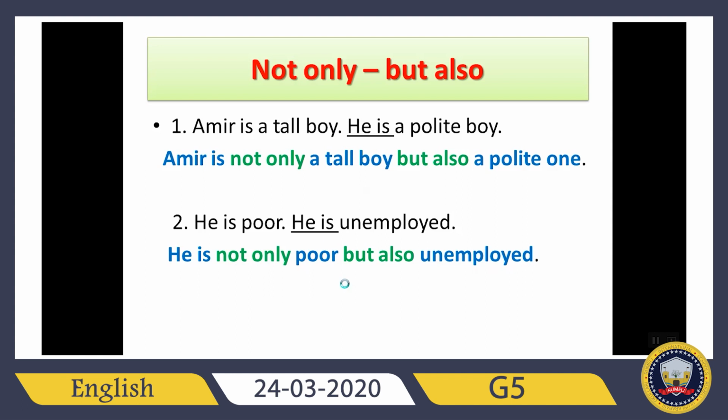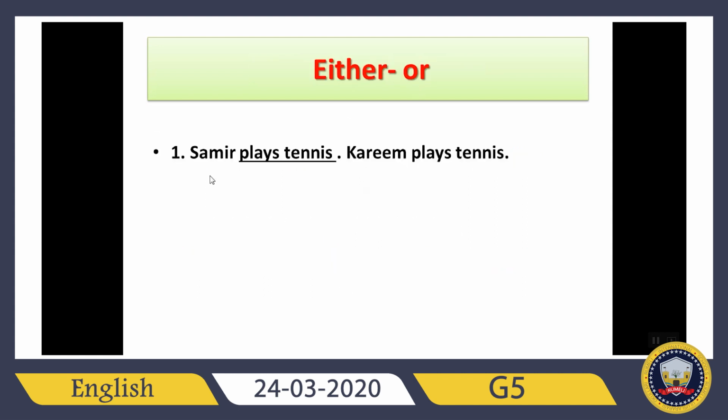So that's it. About either or, as we said before, it's either and neither in American, either and neither in British. Okay: Samir plays tennis, Karim plays tennis. Here I want to use either or. Samir, Karim, we have two different subjects, so we must omit all the words between them, put either before the first subject, put or before the second subject, and don't touch the verb.